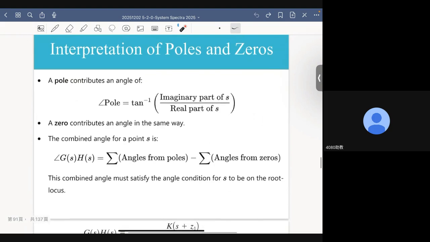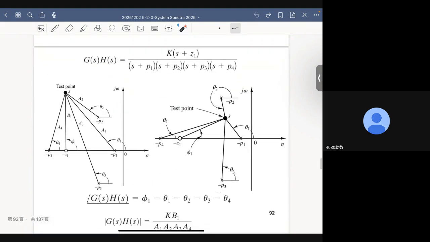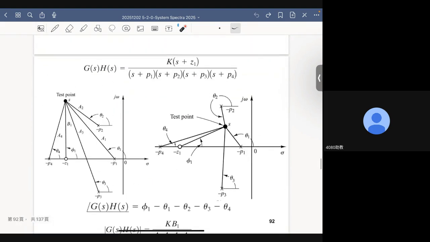And here are the formulas that we need to know for determining the root locations. Now, instead of reading these texts, let me just give you one simple example.